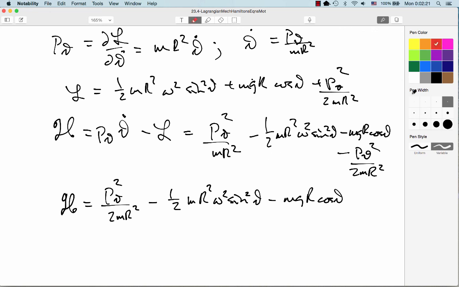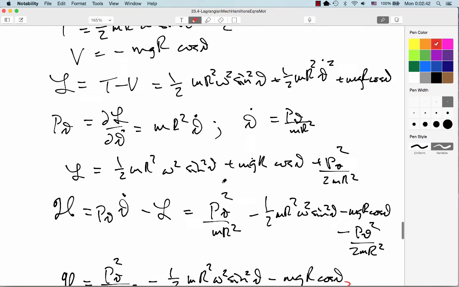So we can look at this and recognize that this term right here is the gravitational potential energy, and this is an effective potential. Now remember, effective potentials arise from kinetic energies.